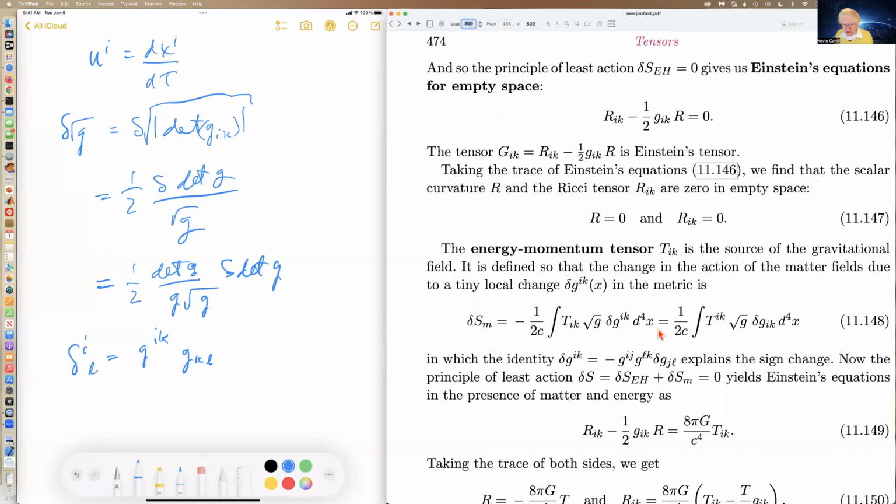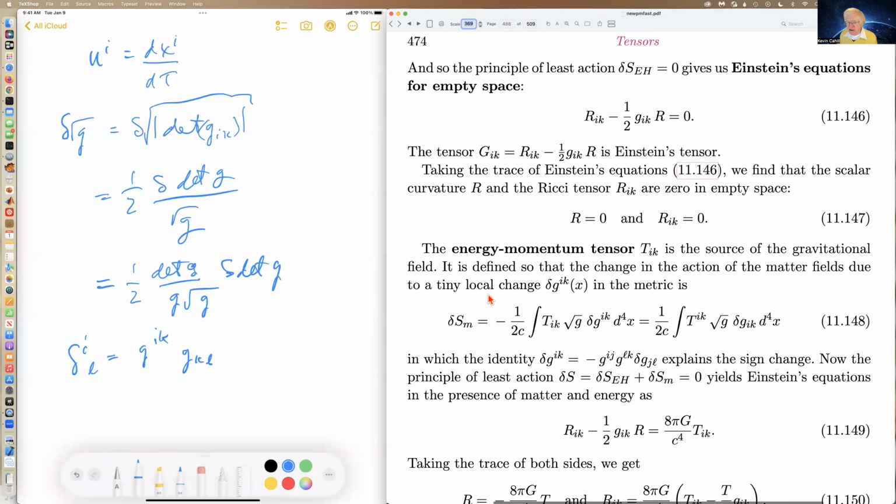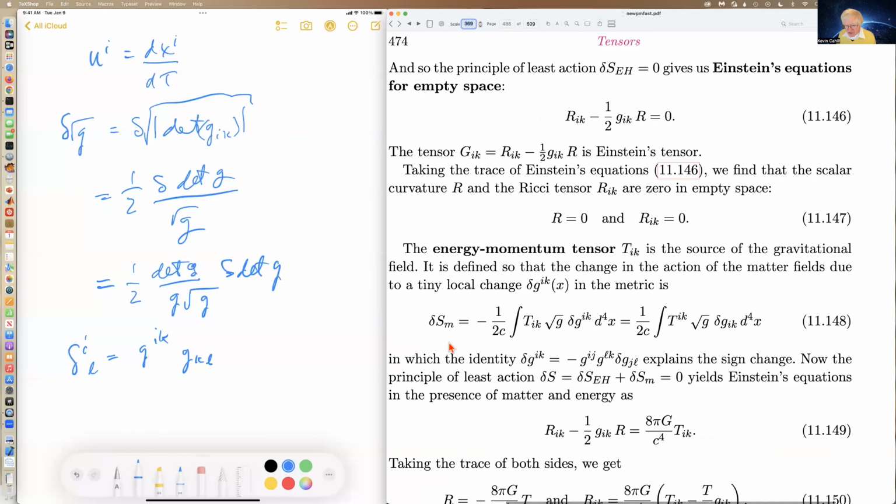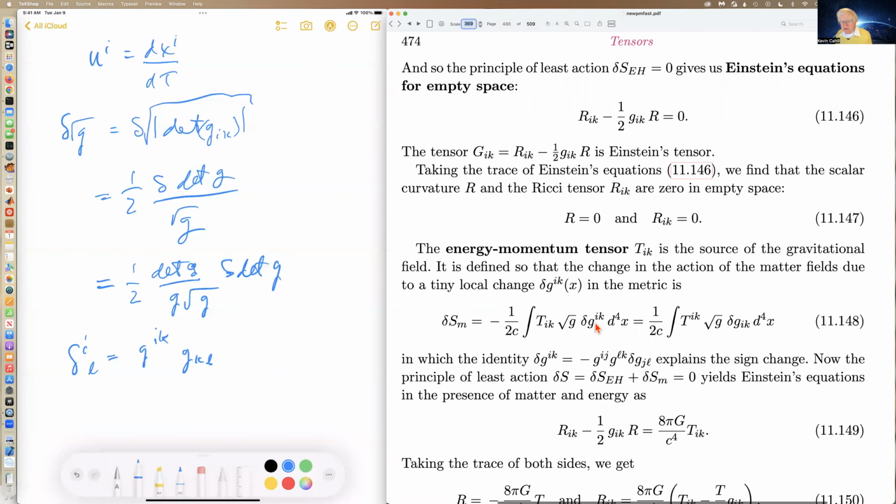But in general, the change in the action of the matter fields due to a change in the metric, or in the gravitational fields, is always given by this expression. It's the energy momentum tensor, square root of G, change in the inverse metric d4 of x, and if we rewrite it, it takes this form.